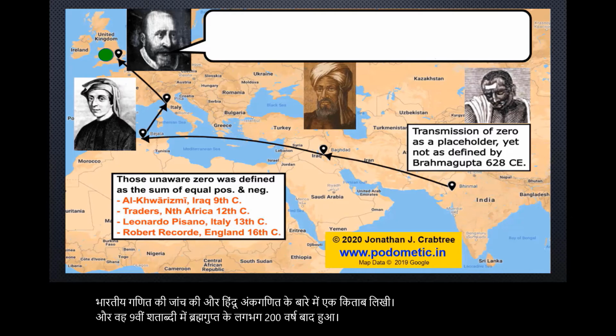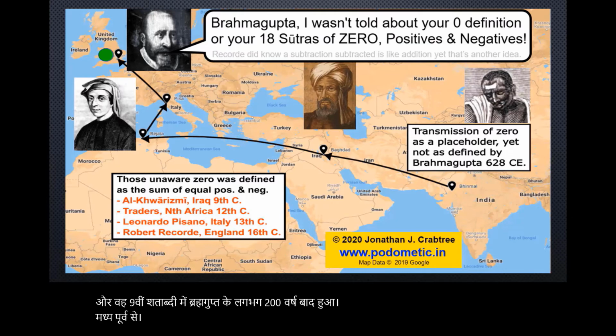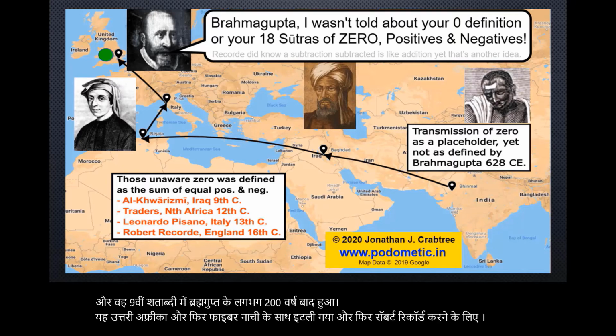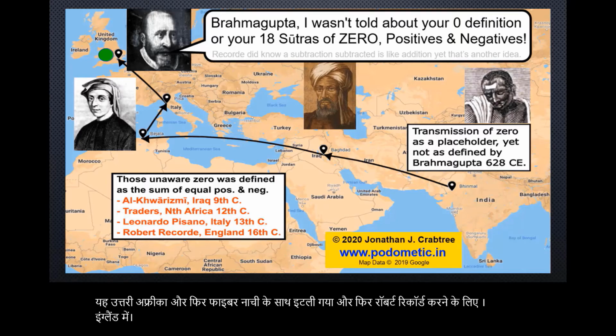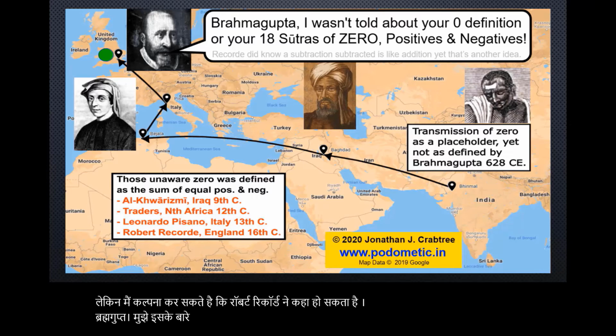From the Middle East, it went to North Africa and then to Italy with Fibonacci, and then to Robert Record in England. But I can imagine that Robert Record might have said, Brahmagupta, I wasn't told about your 0 definition or your 18 sutras of 0, positives and negatives.